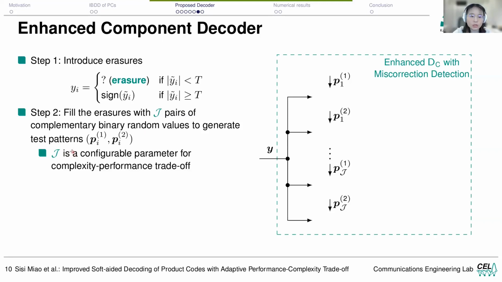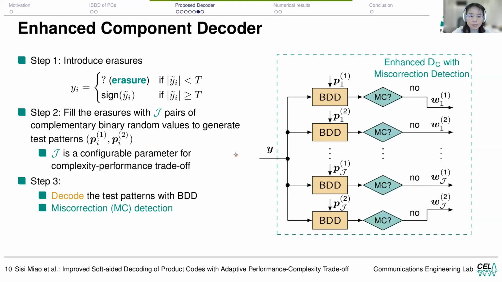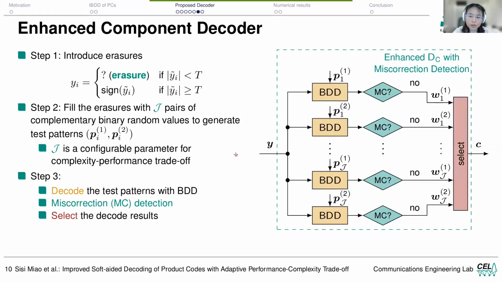We will show later how J changes the performance. Now we decode all the binary patterns with the BDD decoder, and then we perform miscorrection detection with the DRS that we introduced earlier. Then we select the decoding results based on the Hamming distance of the decoded codewords to the original received vector y.